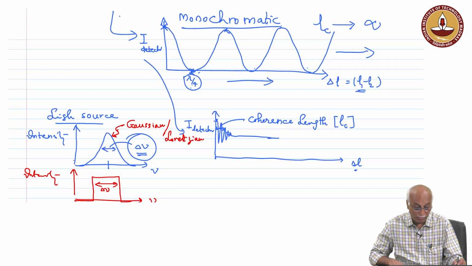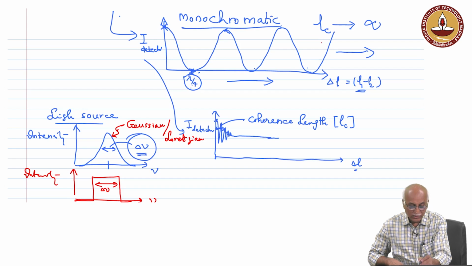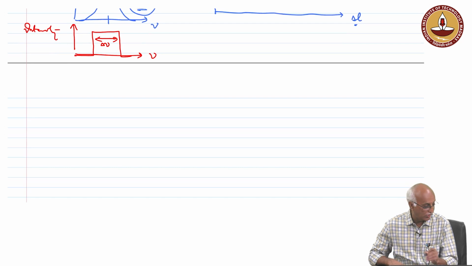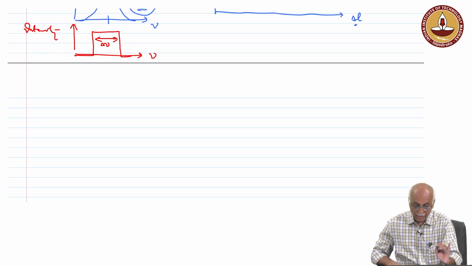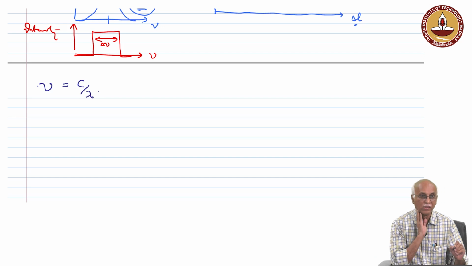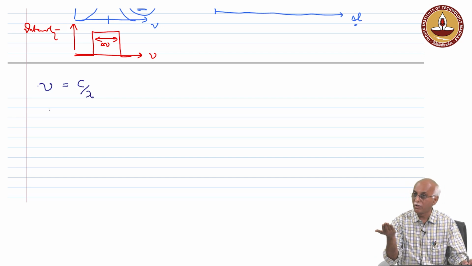Let us say we do not include the beam intensity profile with respect to frequency, but we just try to derive the coherence length L_C as far as the spectral width of any light source is concerned. Approximately, we know frequency is nothing but c by lambda, for any electromagnetic wave.